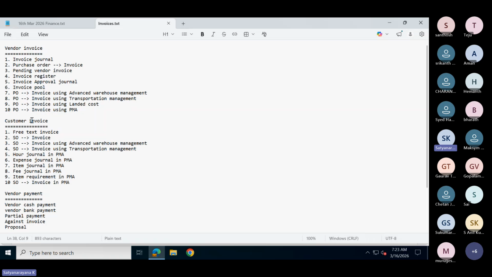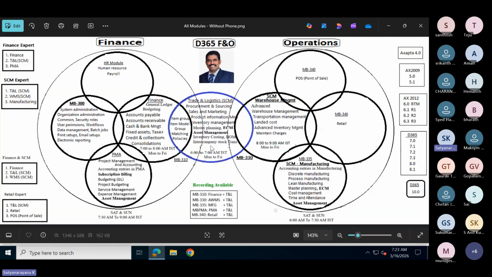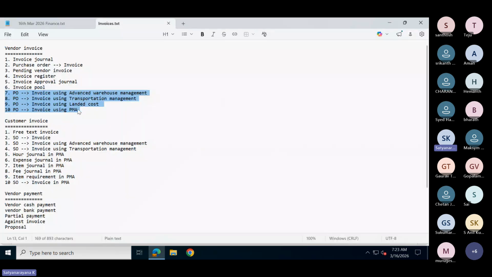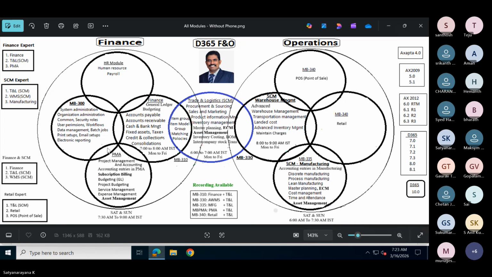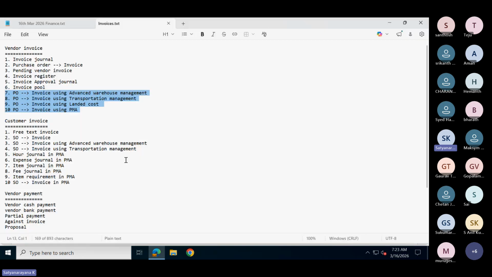Of course, you cannot learn these in depth, because advanced warehouse management, transportation management, landed cost, and PMA are each separate topics. So you will understand an overview. Whenever you are learning finance, I will cover a small overview of these also, just a 1 hour session, not more than that.